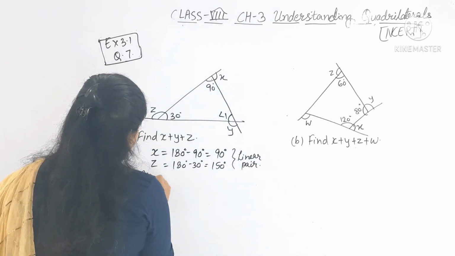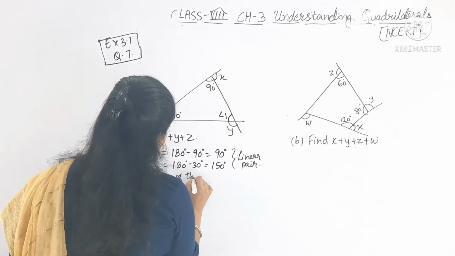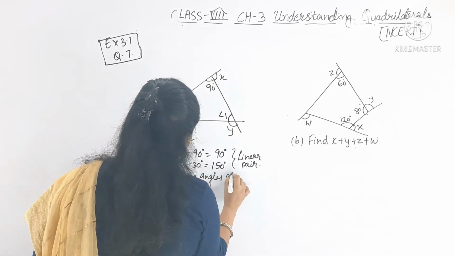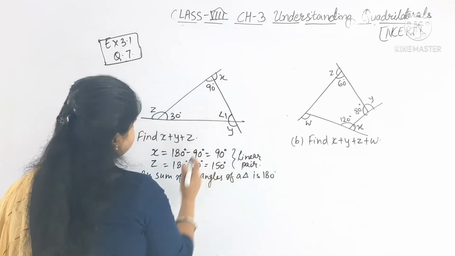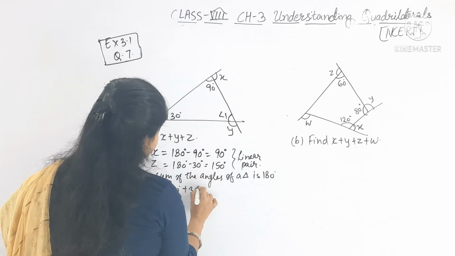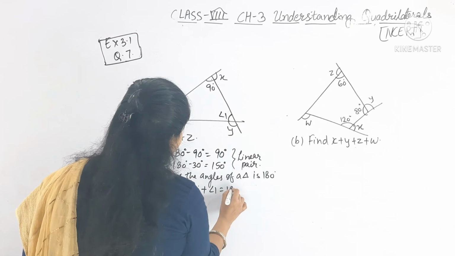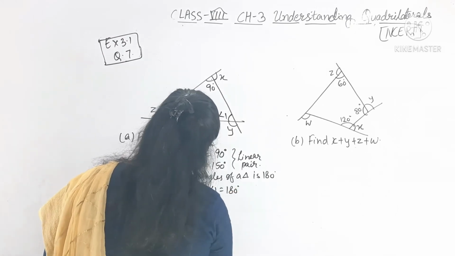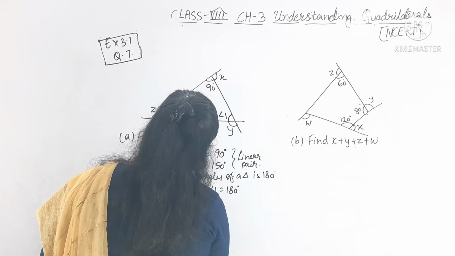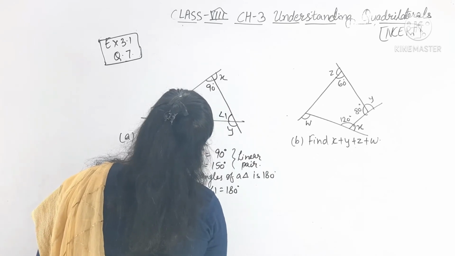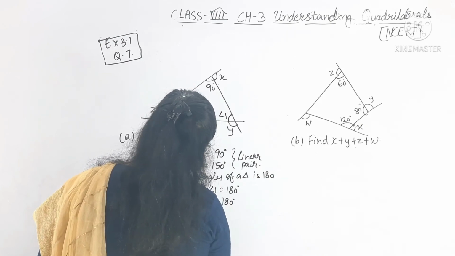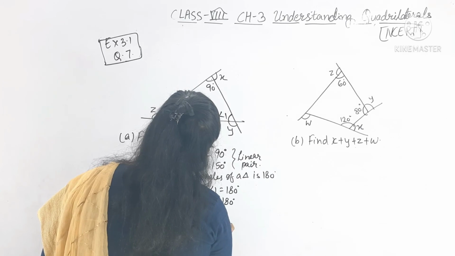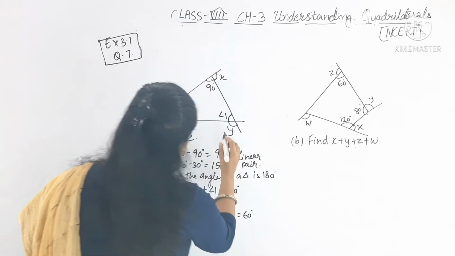Then by sum of the angles of a triangle is 180 degrees. So 90 degrees plus 30 degrees plus angle 1 is equal to 180 degrees. So angle 1 is equal to 60 degrees.